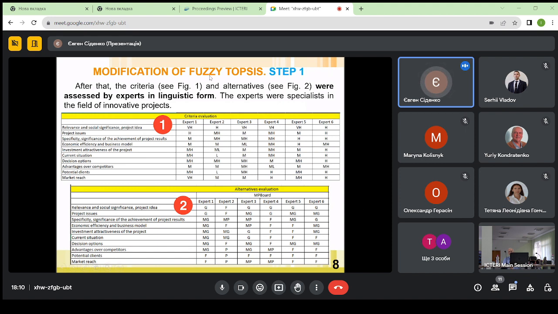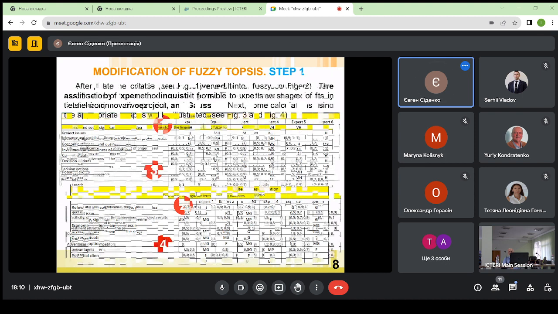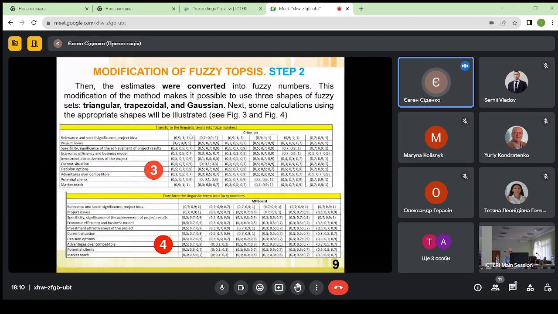For example, the first expert evaluated the second criterion with the linguistic term high. Then the estimates were converted into fuzzy numbers. This modification of the method makes it possible to use 3 shapes of fuzzy sets: triangular, trapezoidal, and Gaussian membership functions. Some calculations of this conversion you can see in figure 3 and figure 4.